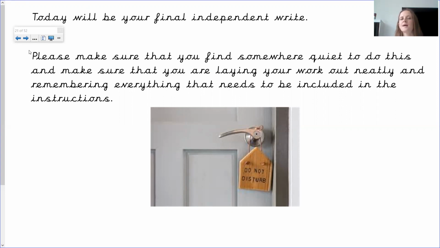Remember that when you are writing a task independently, this means it is without help. Okay, just like we do our hot tasks at school, this is something that you are going to show me your very best piece of writing and show me how much you have learned over the past few weeks.